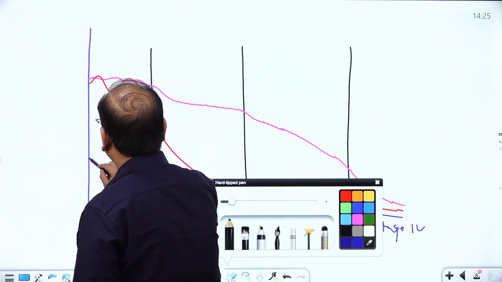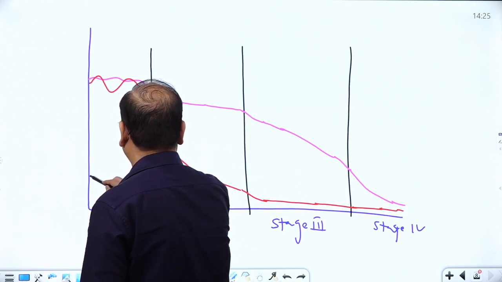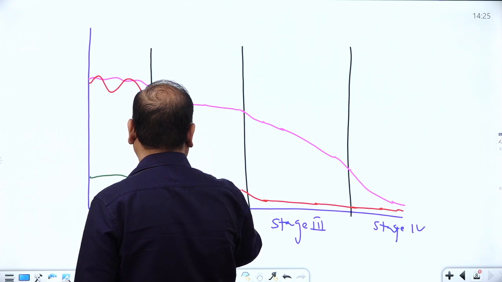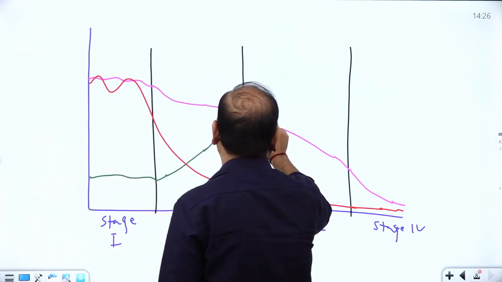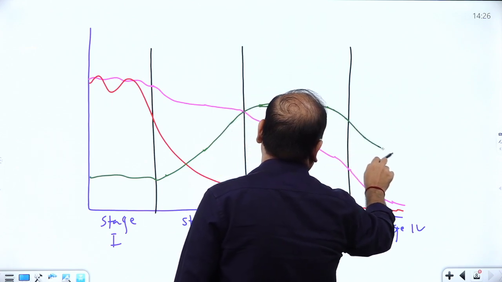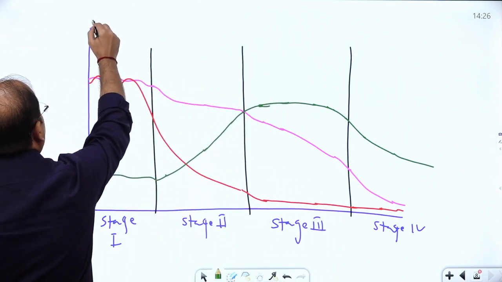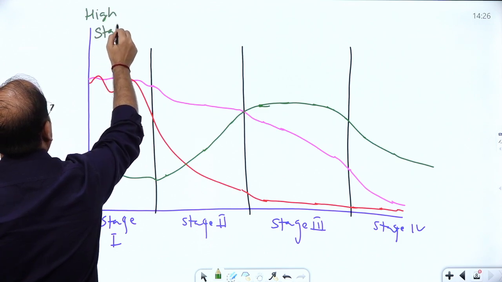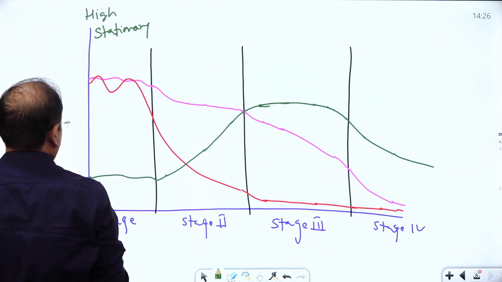And the overall population grows slowly. So stage 1 is being referred to as high stationary.